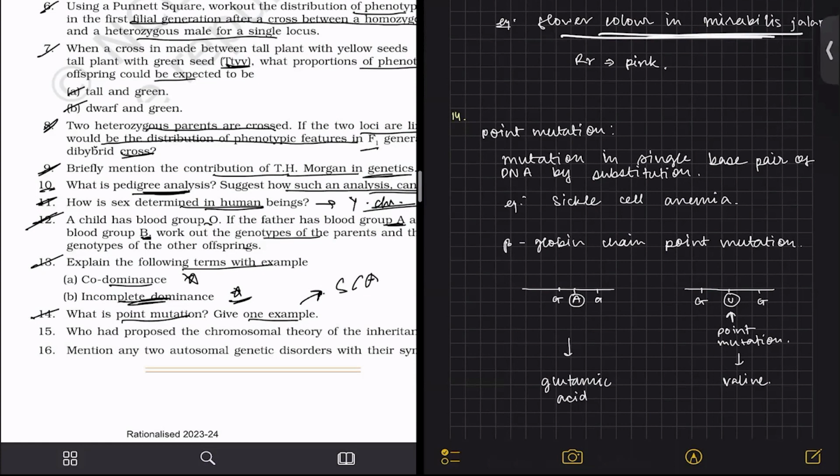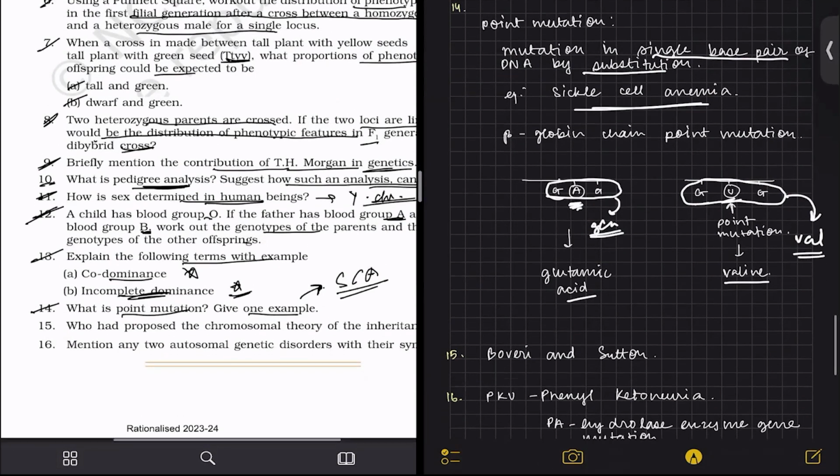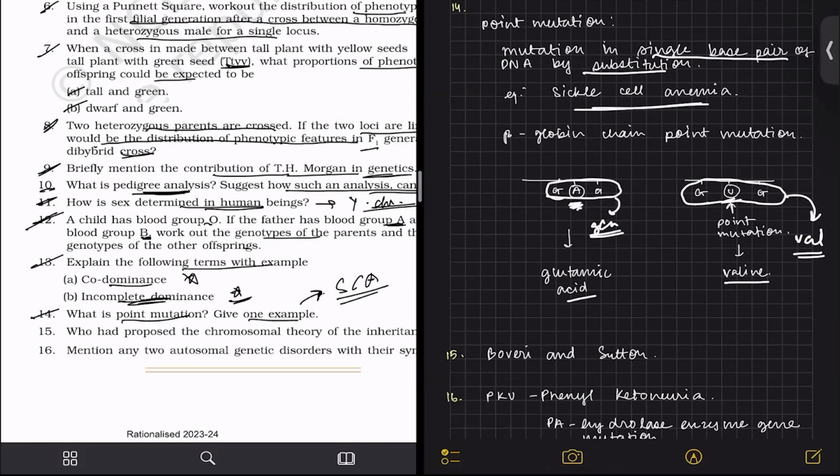Point mutation is when a single base pair is mutated, and the classic example is sickle cell anemia, where we have a point mutation of a base pair to U. So the GAG codon is getting changed into the GUG codon, and at the 6th position, GAG was producing glutamic acid initially in the unaffected individual, but now in the affected individual, the GUG codon is producing valine, and this is the example of point mutation.